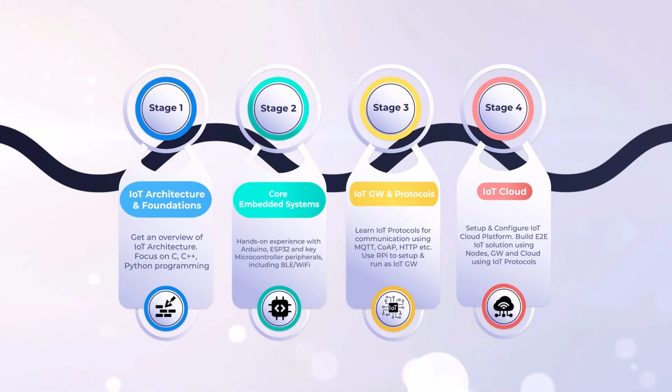Similarly, in stage 3 of the embedded systems roadmap, we discussed Linux internals. Here, we're going to focus on the IoT gateway and protocols. In stage 4 of embedded systems, we discussed how to build Linux from scratch, as well as understanding the different stages involved in building a complete embedded Linux application.